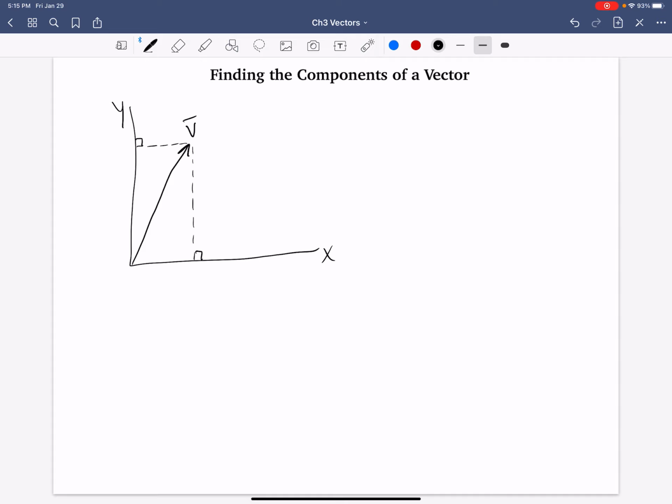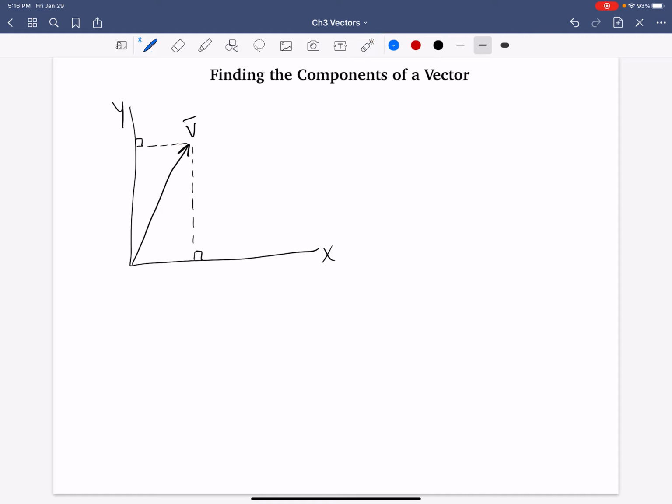The components have that magnitude, in other words. From there to there, that's the magnitude of the y component. And from here to here, that's the magnitude of the x component.